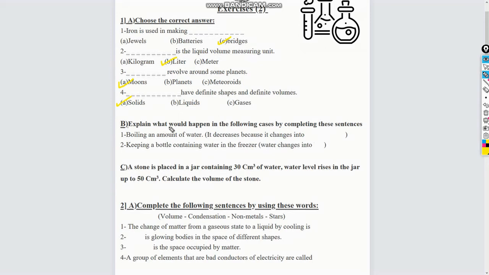Okay, explain what would happen in the following cases by completing these sentences. Take a moment and read them. Okay, so the first question is, boiling an amount of water. It decreases because it changes into... When boiling, the water changes into a gas, which is called... Yes, water vapor.